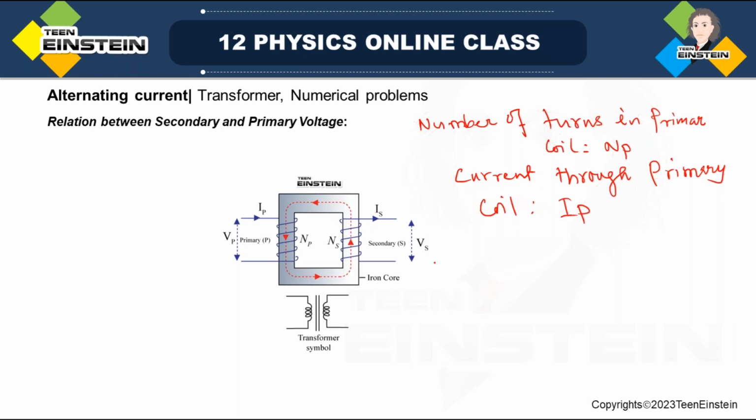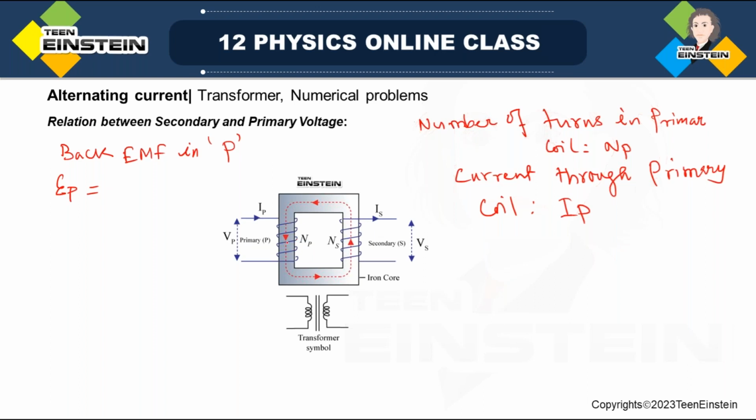Okay, so when the flux linked in the primary coil changes, that will induce an EMF that is called back EMF. Let the back EMF in the primary be EP.